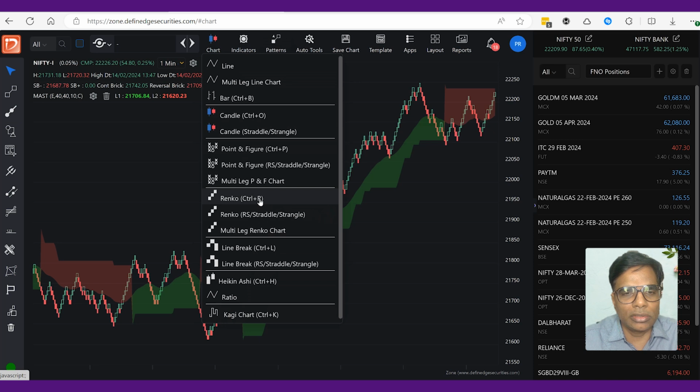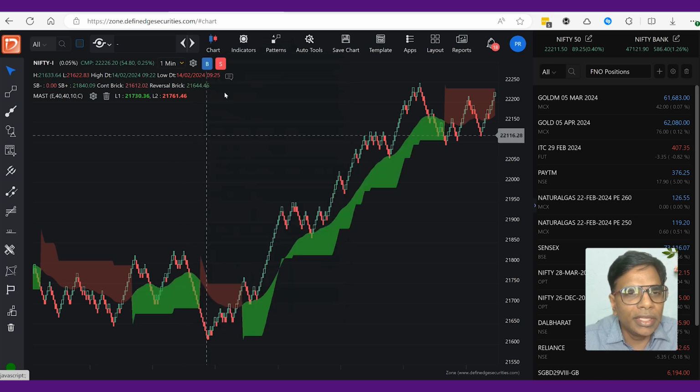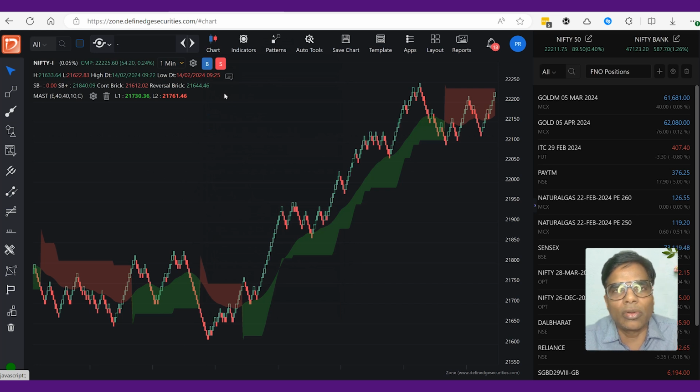So we are simply using the Renko charting system, and here we are going to use an indicator called MAST. It's nothing but a moving average super trend indicator, simply a combination of those two, moving average and super trend.